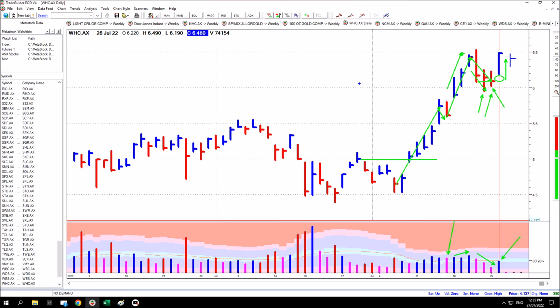But you can see how price has broken out above this accumulation zone here. This is effectively the accumulation zone here. You can see price gapped out, accelerated higher, tested for supply, accelerated again. There was some consolidation through here.